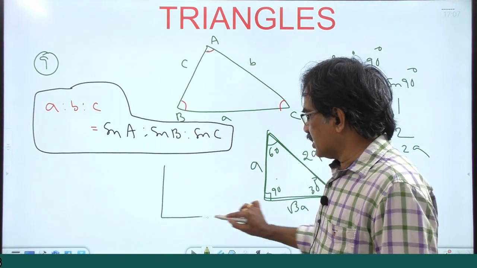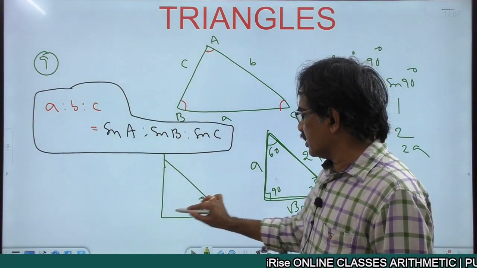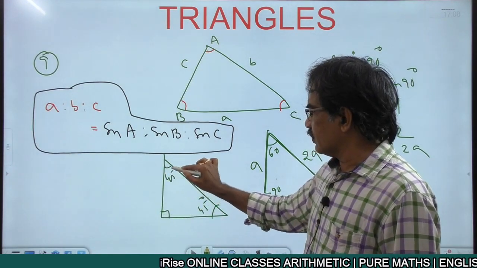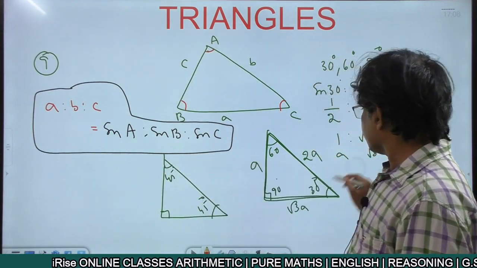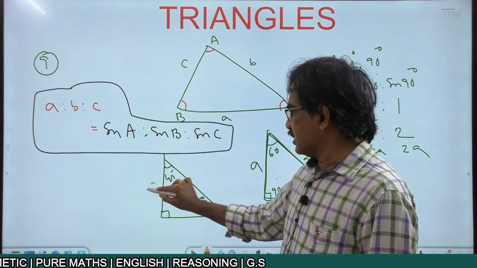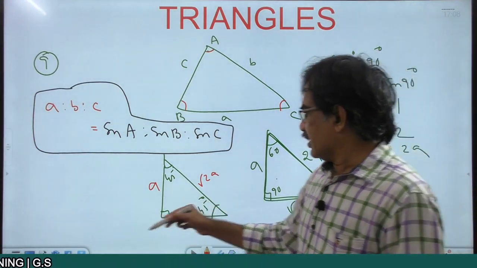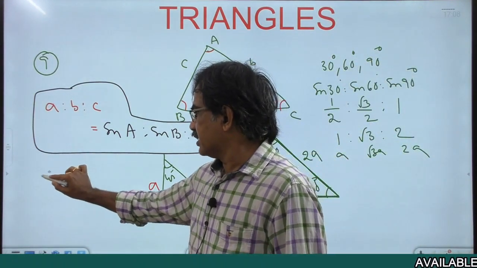For example, if there is a right angle isosceles triangle, if this is 45 degrees, this is 90, this is also 45, then what about the sides? If this is a, this is a, this is root 2 a, because 45, 45, 90 are the angles.